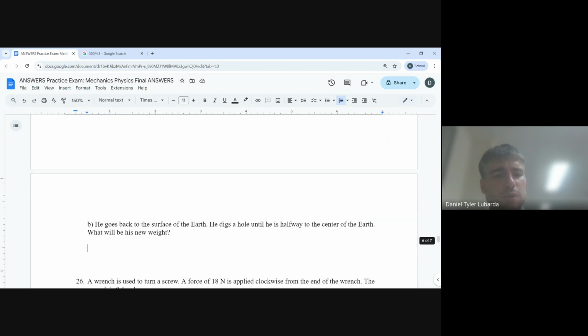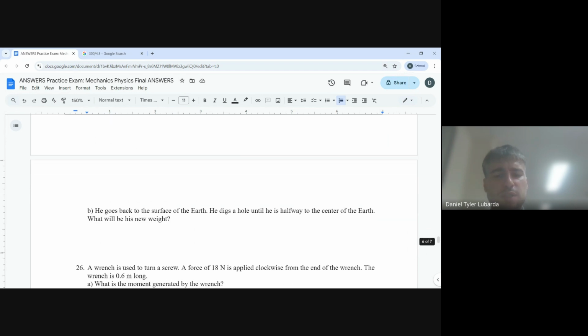So what we can do is, again, force is 1 over R squared, and that's going to give us 1 divided by 0.5 squared, and that's equal to 1 over 0.25, and that's just equal to 4.